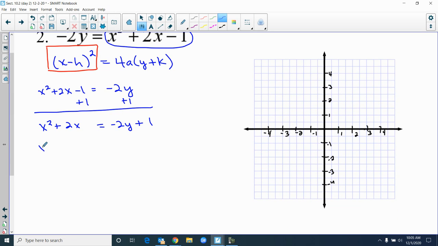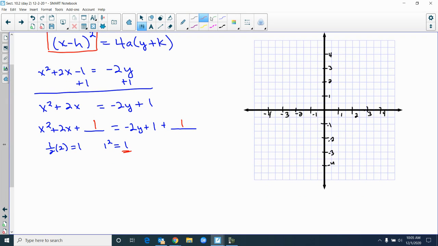Now complete the square on the left-hand side, which means we're going to put in a number here, and then we have to put in the equivalent number there. And remember, you take half of the coefficient. Half of 2 is 1. You square it, and that is the number that will go into each spot.